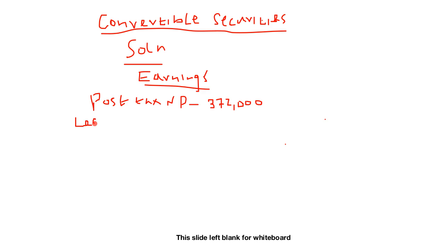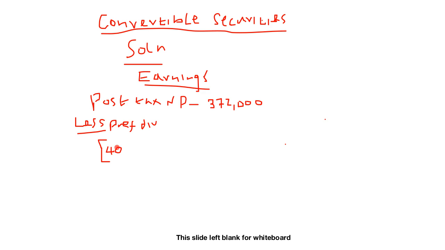Post-tax net profit 372,000. Then we less the preference dividend, so maybe I can just write preference div. We have to calculate this. If you look at our problem, we were told that the company issued 400,000 7% preference shares of 1 shilling per share. So the cost of these shares is 400,000 times 1, which is 400,000.